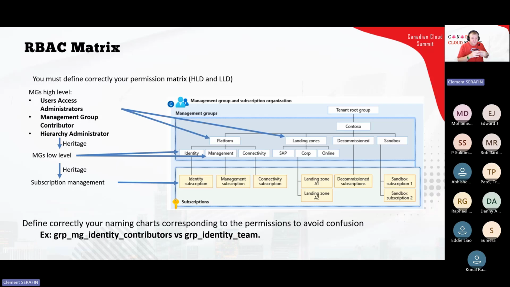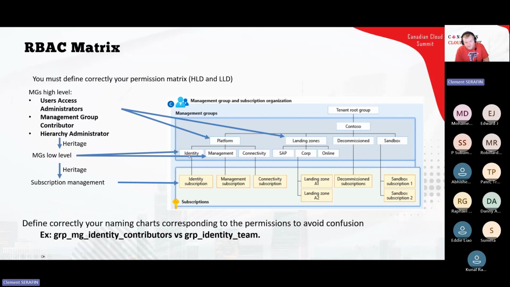But because you have inheritance, you want to manage permissions like the ability to create a VM directly at the low-level management groups. So I don't want to have someone at the platform who has permission on everything. No, when I want to create a VM, I will have a permission directly on my identity landing zone management group, sorry.